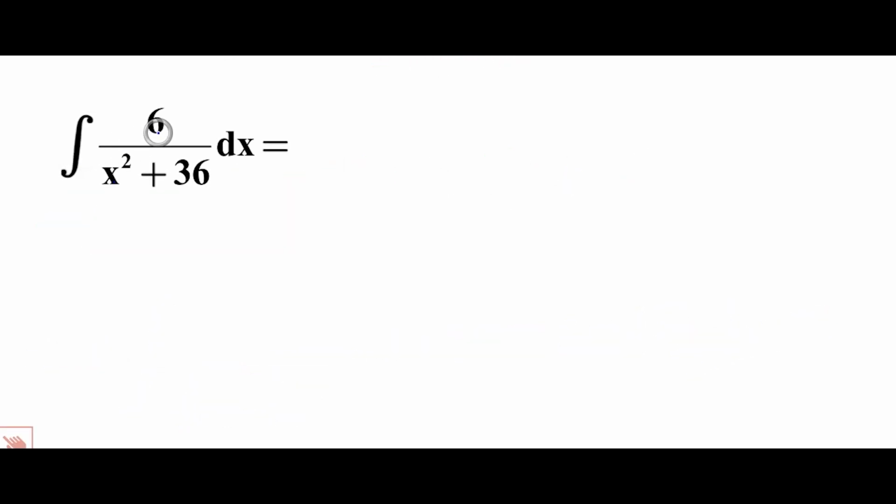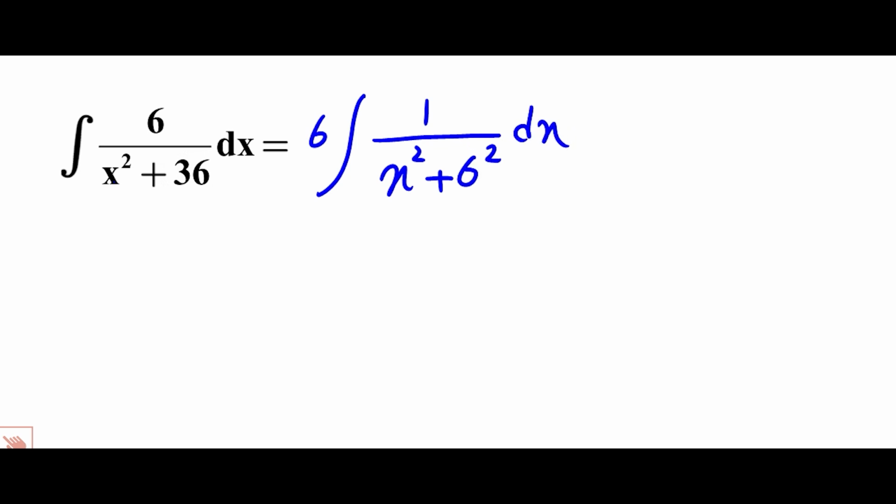The integral of 6 over x squared plus 36 dx equals, let's rewrite it as 6 times the integral of 1 over x squared plus 36, where 36 is 6 squared, dx, right? So a equals 6.